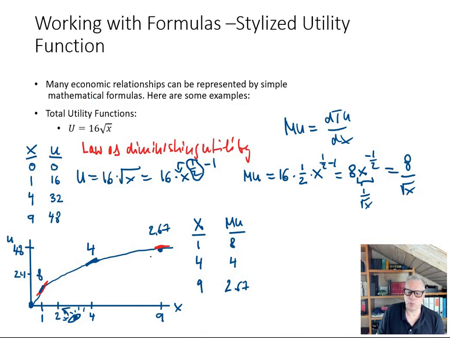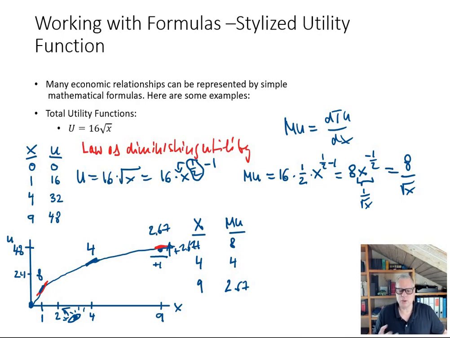So if that were 1, so we go here plus 1, then we would go up here plus 2.67. The point is that the slope gets flatter and flatter, and that is captured by the fact that the marginal utility gets less and less.